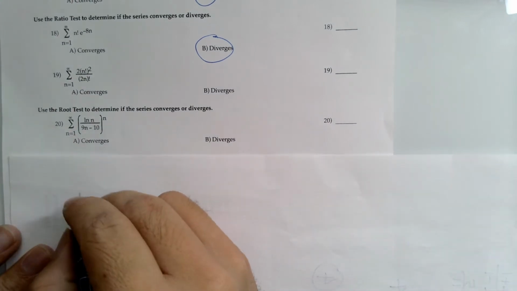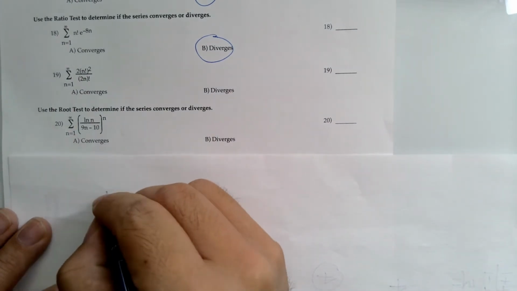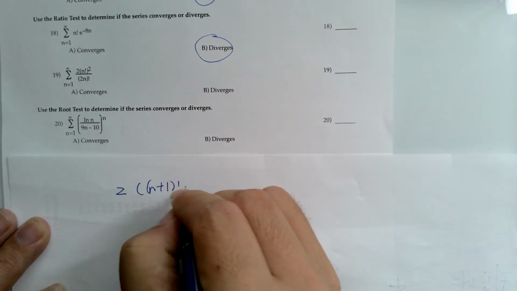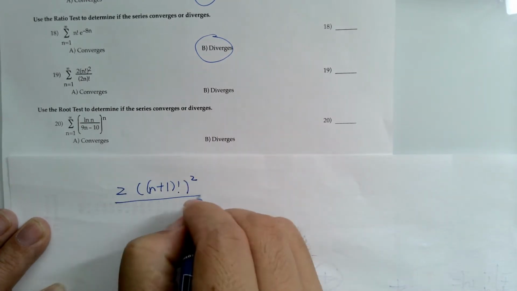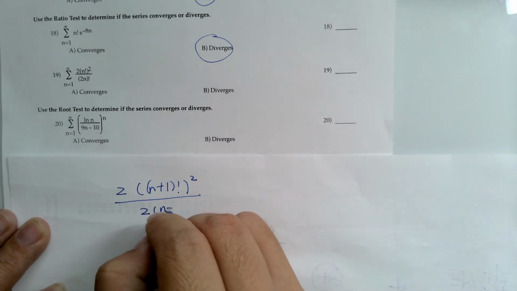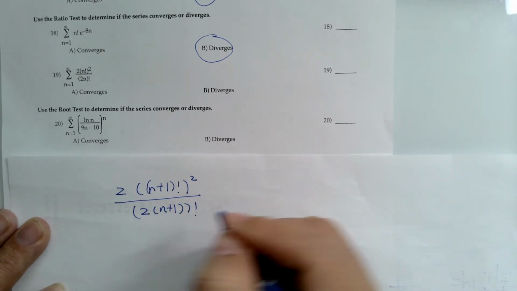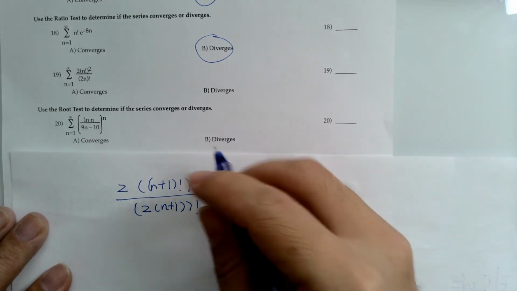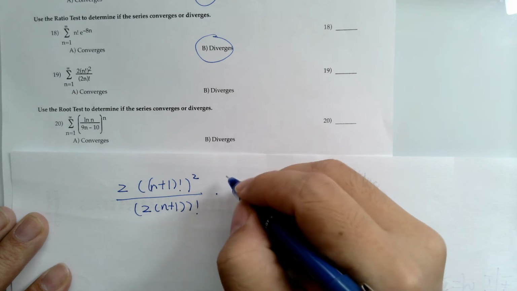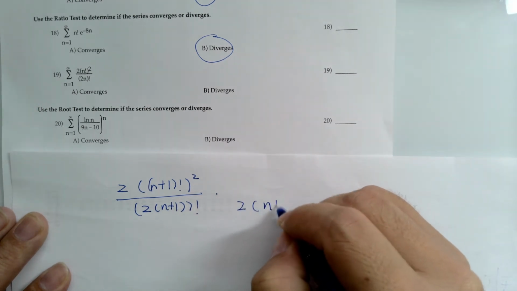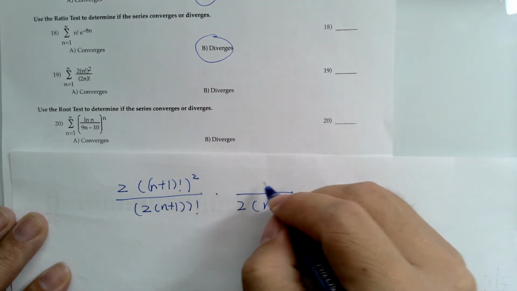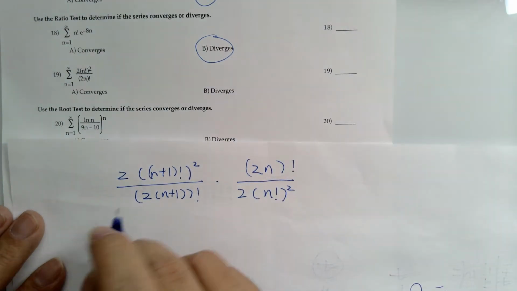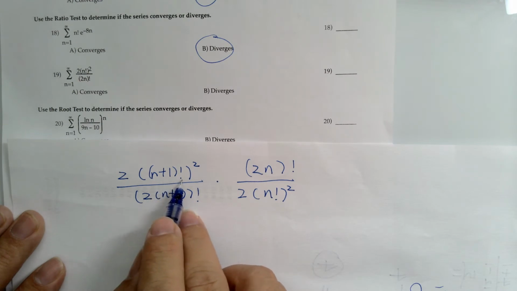So 19, our a_(n+1) is going to become 2 times (n+1) factorial squared over 2 times (n+1) factorial, that's a_(n+1) over a_n, which is times the reciprocal of it, which is 2n factorial over n factorial squared.